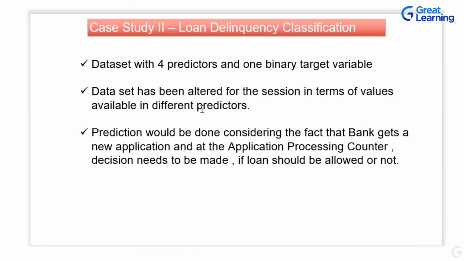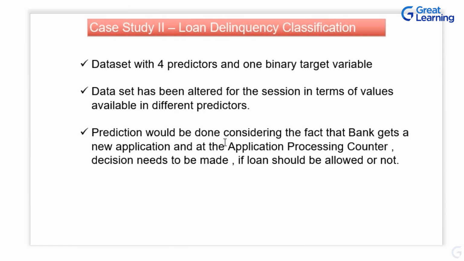I wanted to show you how the model works, and that's where I have inserted certain rows. Now, what we are expected to do: these are 4 predictors which are available. Looking at these predictors, we need to find out whether somebody would be delinquent or not.